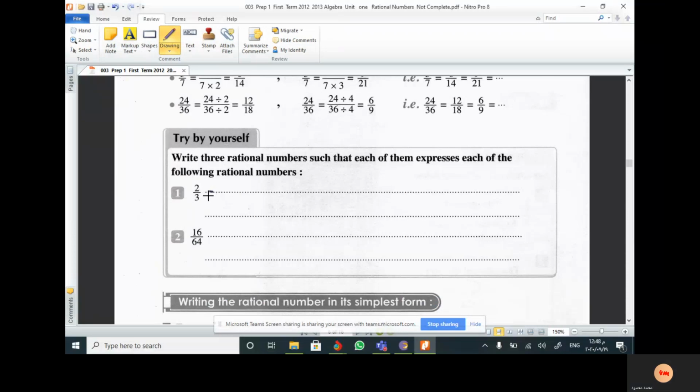Two-thirds. You can write the first rational number equal to 2/3 by multiplying by 2. 2 times 2 will be 4, 3 times 2 will be 6. Yes, you can write another one by multiplying by 3. 2 times 3 will be 6, and 3 times 3 will be 9.